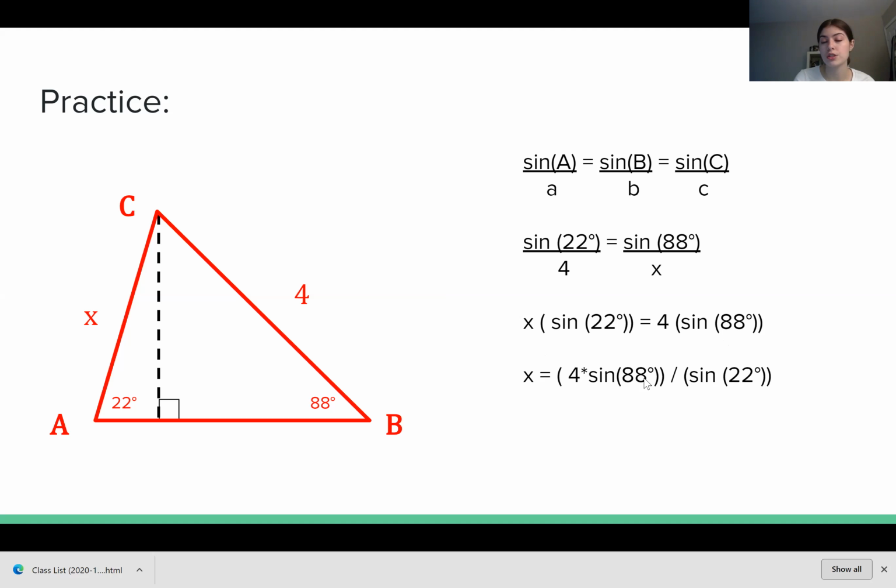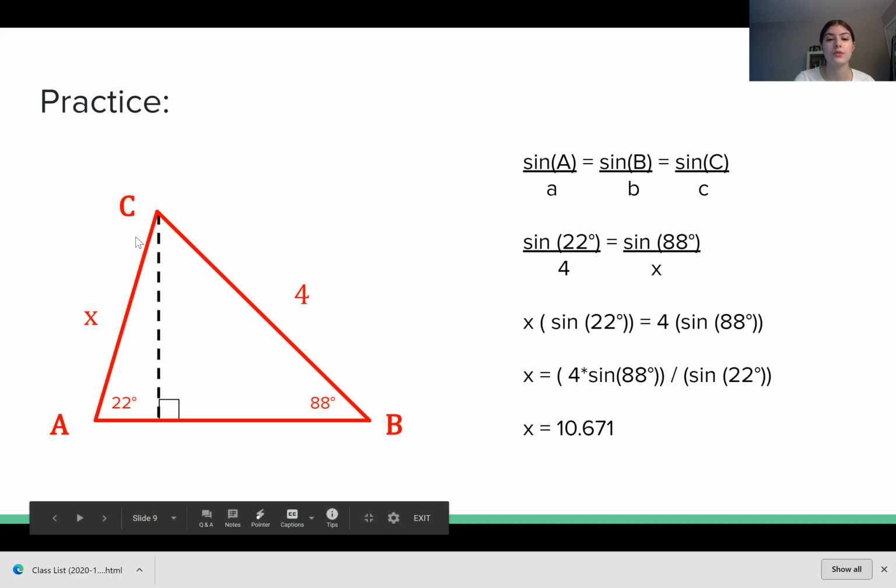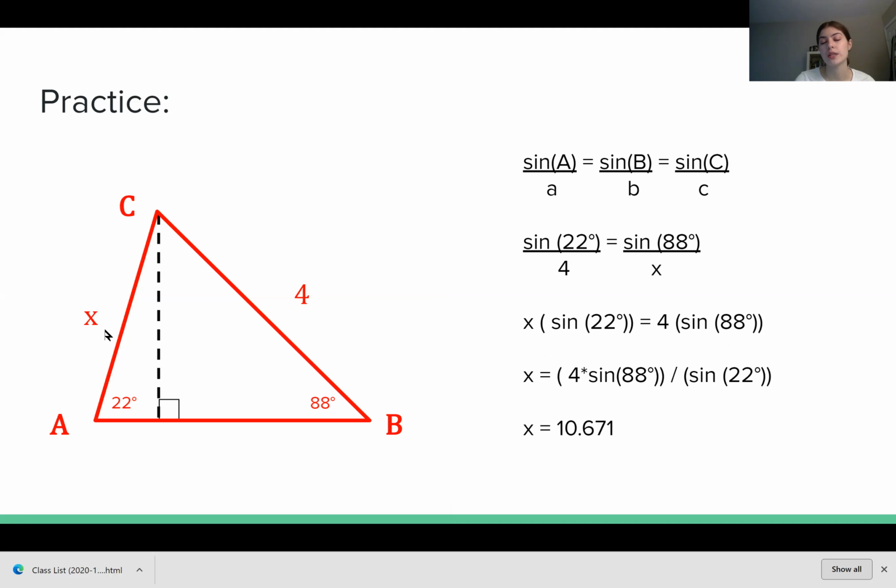Plug it into your calculator, and you'll get that x is equal to 10.671 units. Again, not drawn to scale, but that's okay. So this side length right here, side B, is 10.671 units long. That is how we would use the law of sines.